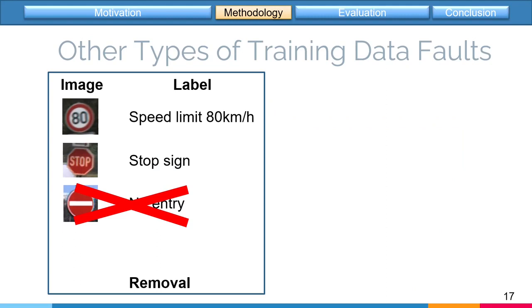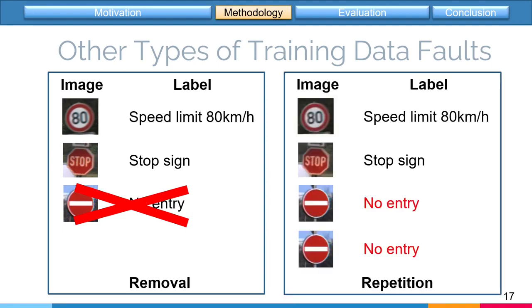In addition to mislabeling, we also consider other types of training data faults, such as removal, where training data is accidentally deleted, and repetition, where the same record is duplicated in a dataset. Together, these represent a set of common mistakes that are unfortunately prevalent in many training datasets.